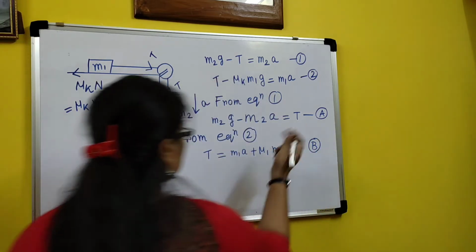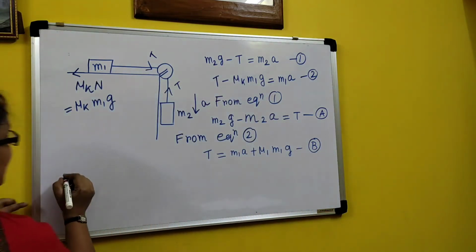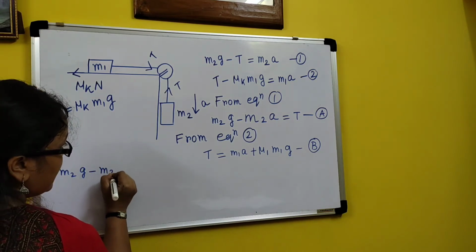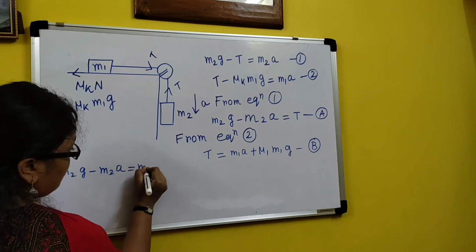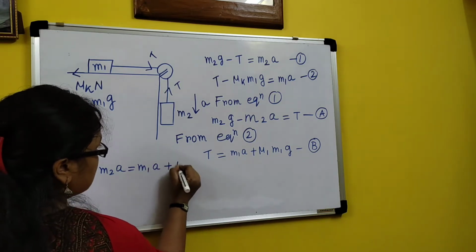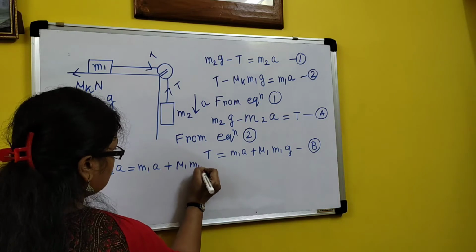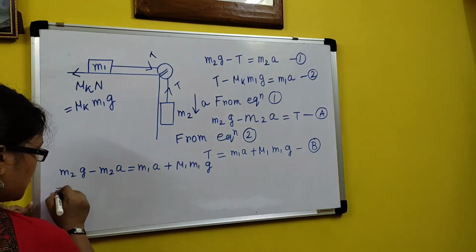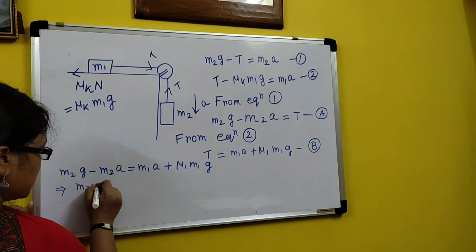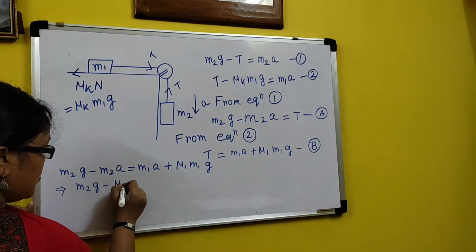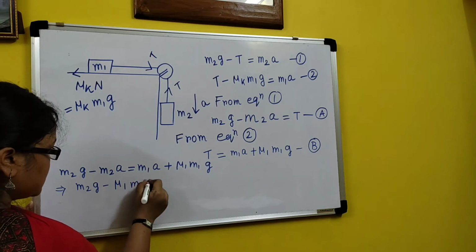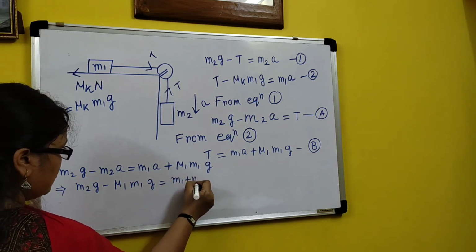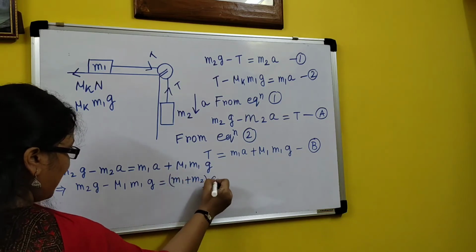If I compare equation A and B, both having the T value, so m2g minus m2a equals m1a plus mu1 m1g. My purpose is to find the acceleration, so taking the acceleration terms together, m2g minus mu1 m1g equals (m1 plus m2) into a.